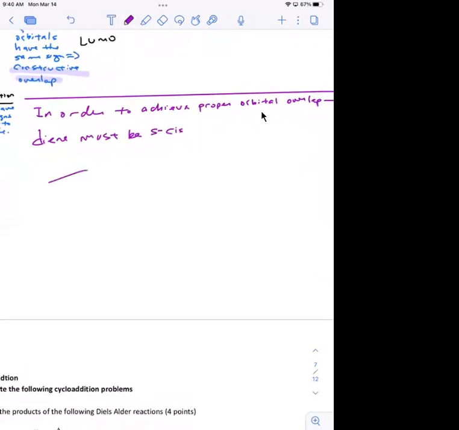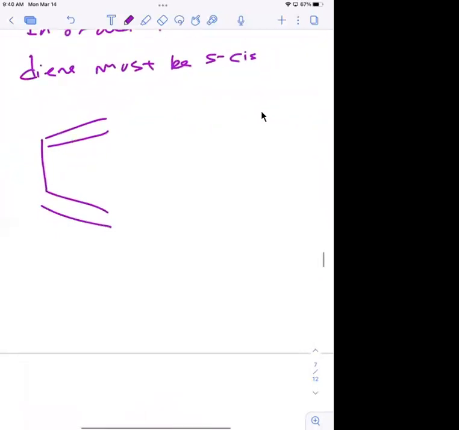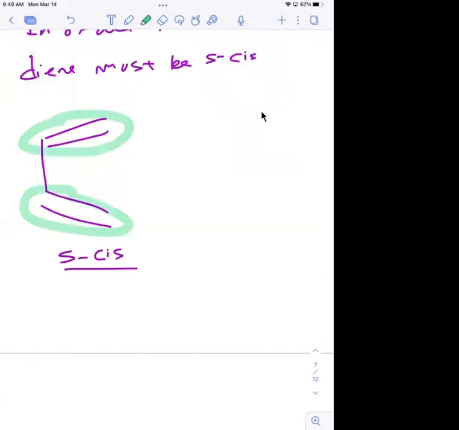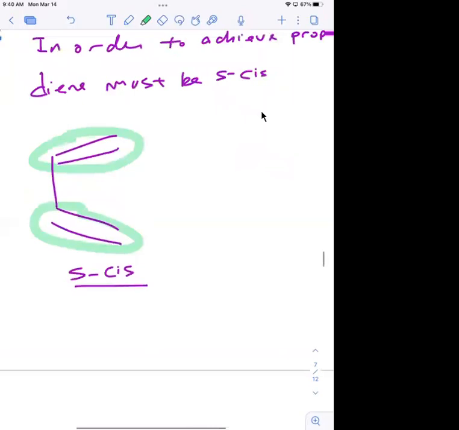Right, so this is what the diene looks like. And this is S-cis, where both pi bonds are on the same side of the sigma bond. Can y'all see that? So this is my sigma bond right here. S-cis means both pi bonds are pointed in the same direction.